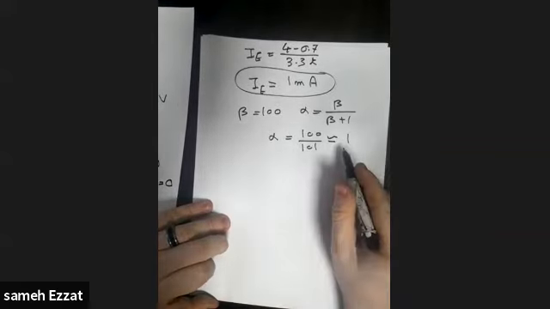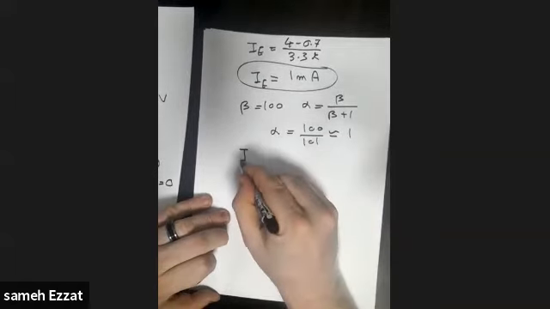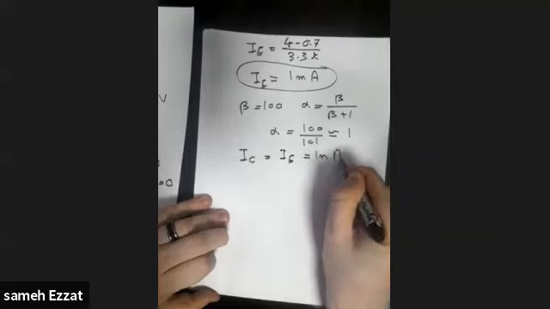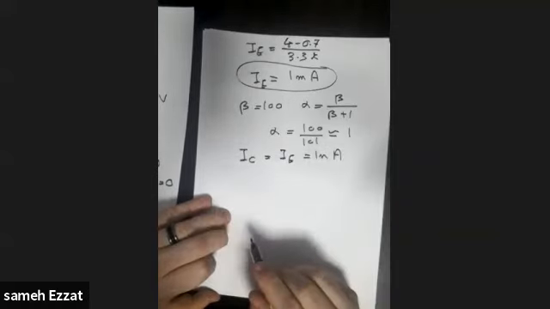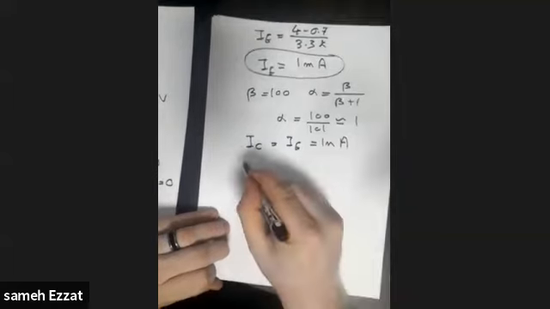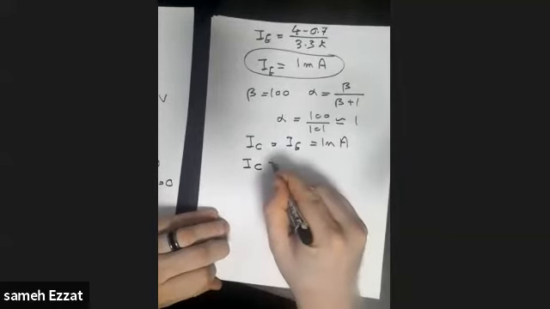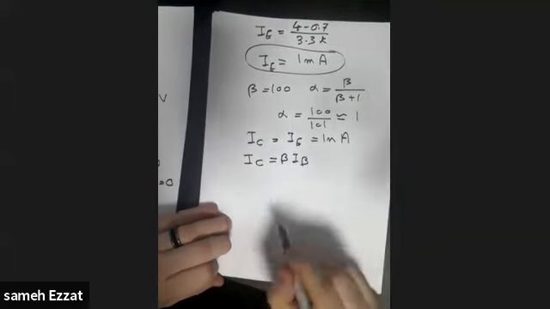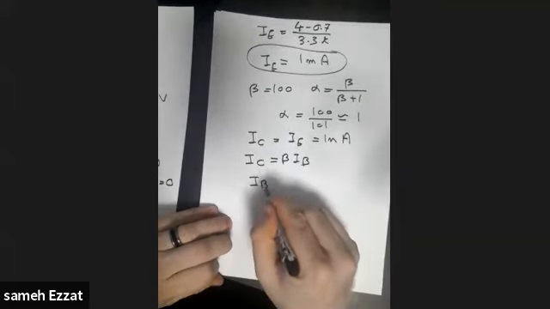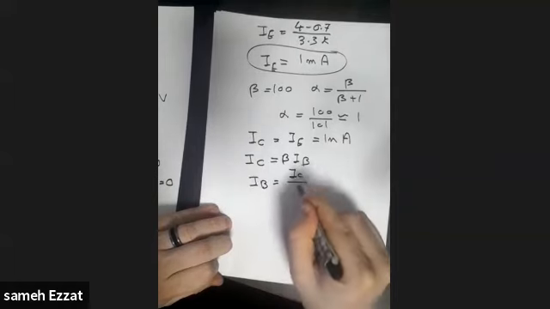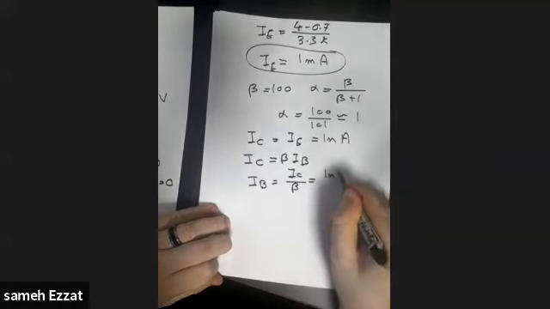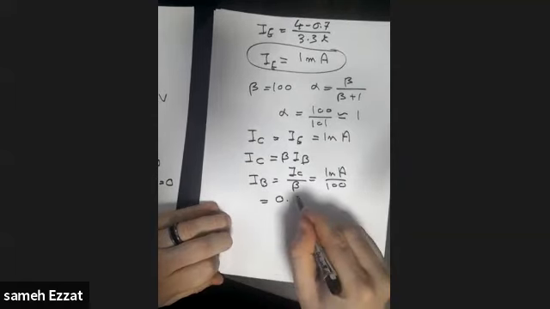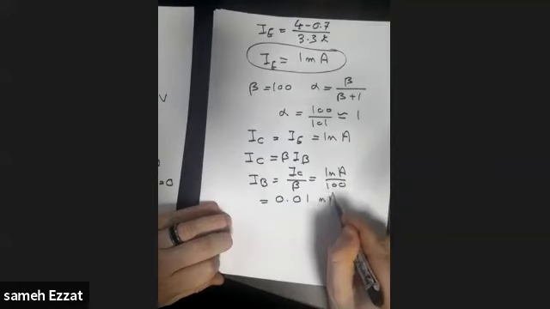If I assume that alpha is equal to 1, that means IC is directly equal to IE, equal to 1 milliampere. Now I know that IC equals beta times IB. Beta is equal to 100. This means IB equals IC over beta, which is 1 milliampere over 100, which leads to 0.01 milliampere.